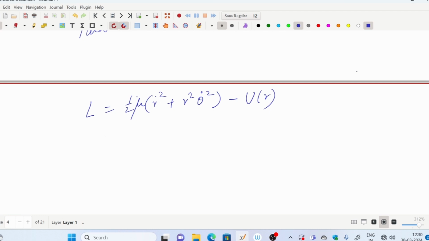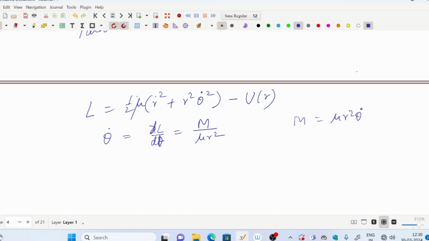We found that the angular momentum M, which is del L del theta dot, equals mu r square theta dot.